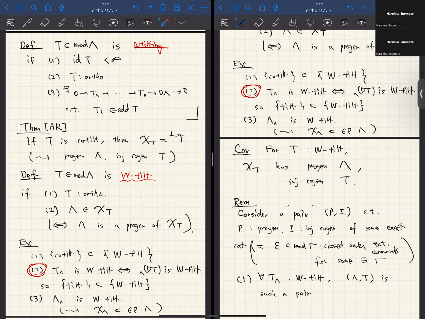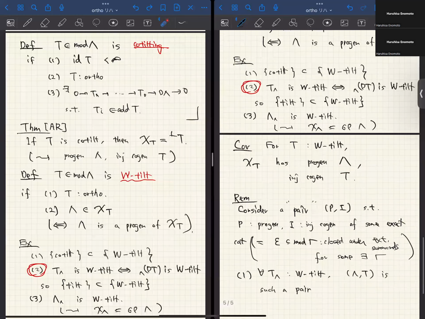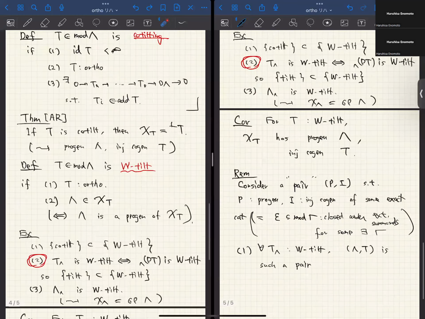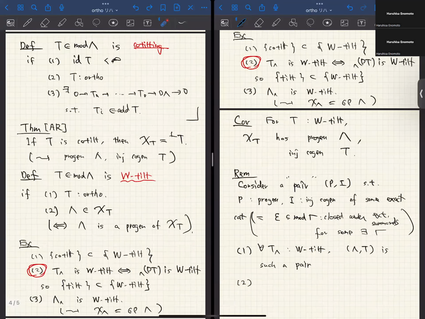So we can construct an extension closed subcategory of mod lambda. This is X_T, which has progenerator lambda and injective cogenerator T. And surprisingly enough, the converse holds. And this is a result of my first paper about Wakamatsu modules.